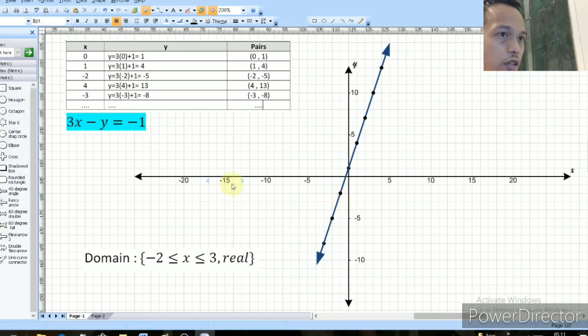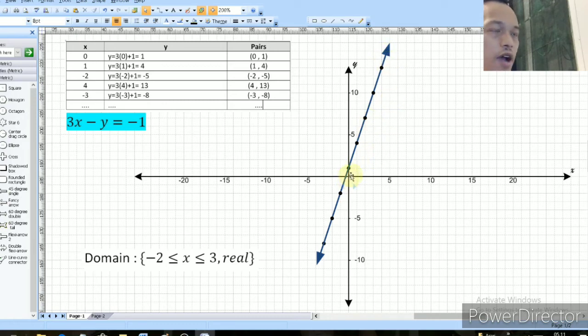If my x is -15, for example, is there no graph at -15? Actually, there is, since it continuously goes there. So in the end, if you try to project it, you still can find the value of your y. So this graph covers all real numbers as your domain. And the range is the y. What are the values of y that come out from the graph? It is all real numbers also.